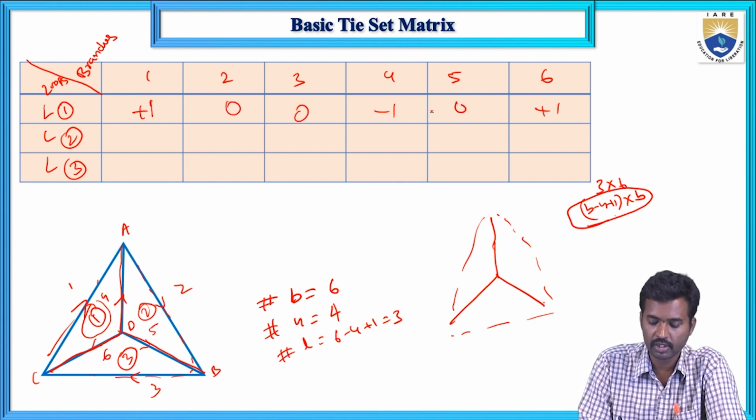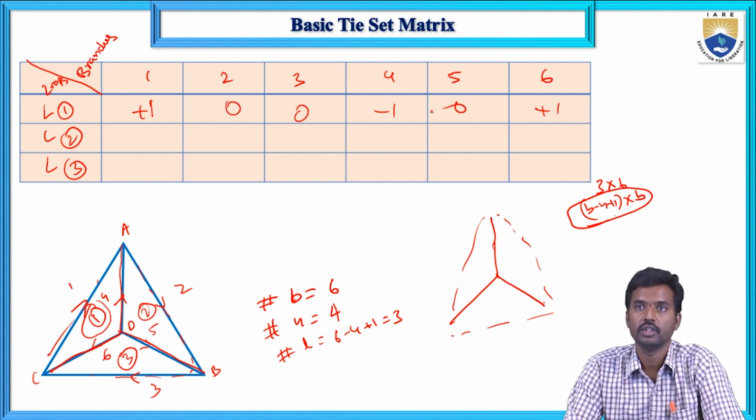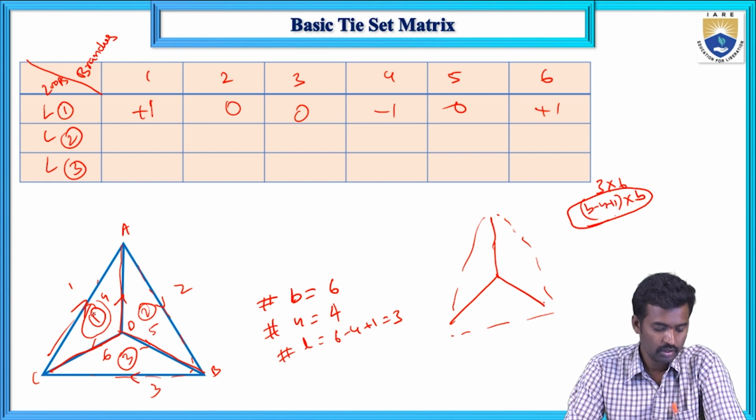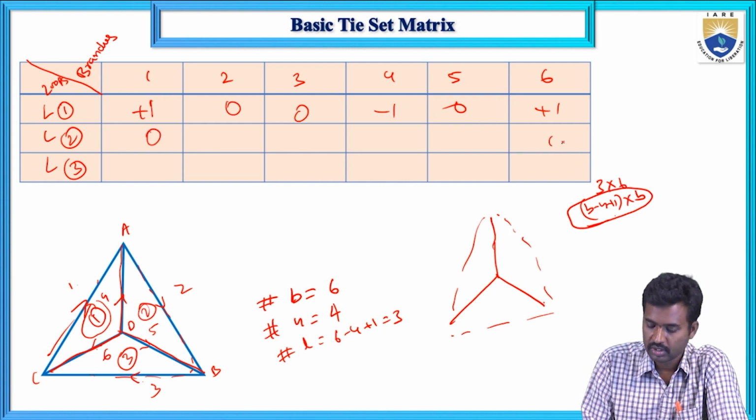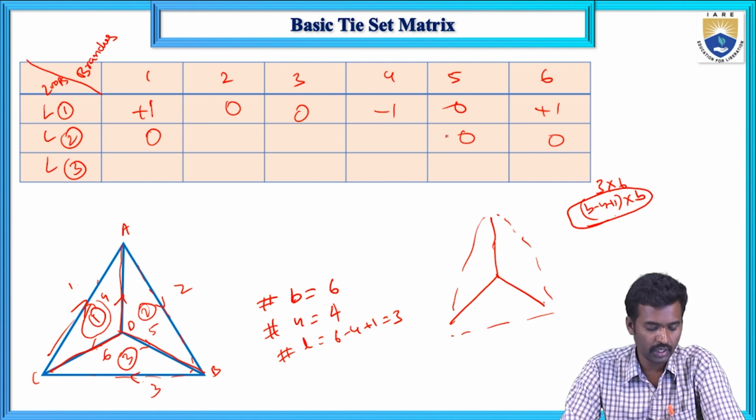Remaining elements are not associated with this loop. And second one, 1, 6 and 5 are not associated.